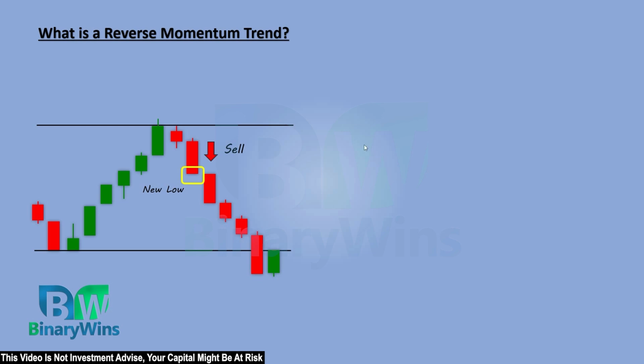This condition also exists for the reverse trend of bullish momentum. Suppose we have a level. A momentum trend starts from the level. It can even consist of only 3 candles.